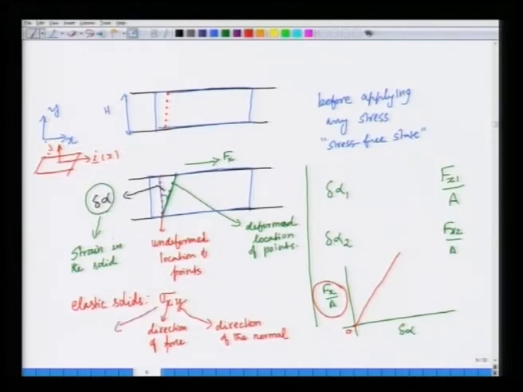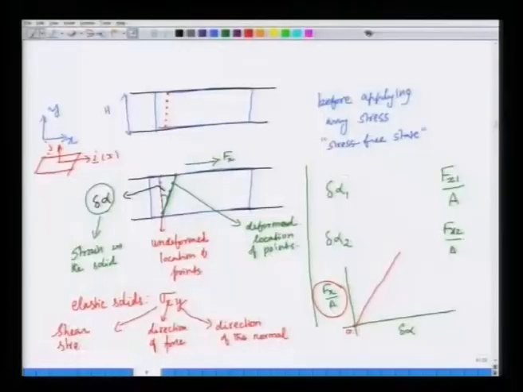This is called a shear stress, because the force is acting tangentially to the surface, it is not acting in the normal direction of the surface. So, this is a shear stress, force per unit area. You will find that this is proportional to delta alpha. Since I am already using alpha, let me use the proportionality sign.